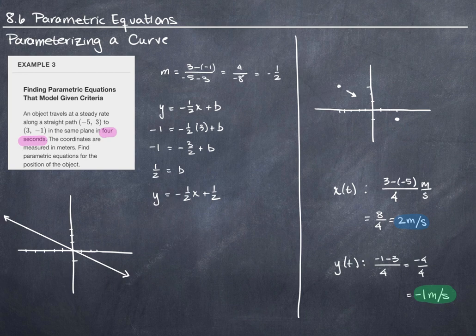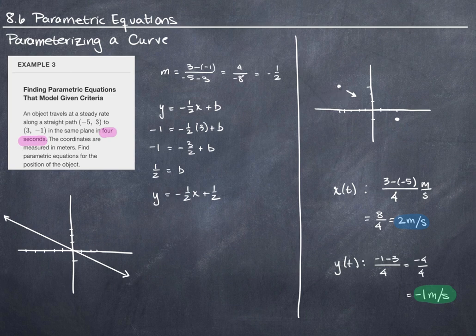So if we know what the rate is, another word for slope, right? This is a change in y versus a change in x. This is a change in meters versus a change in seconds. So when time is 0, we're going to have the x coordinate at the point, at the address, if you will, at the location, -5.